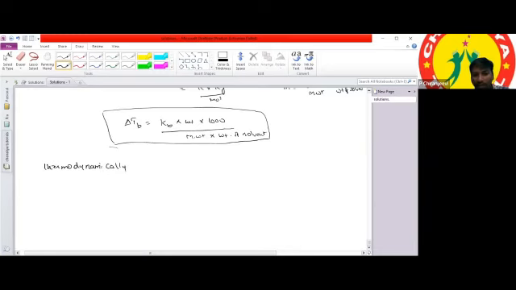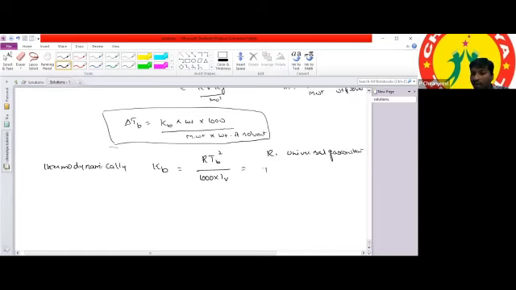Kb is equal to R Tb squared divided by 1000 into Lv. Here R is the universal gas constant.